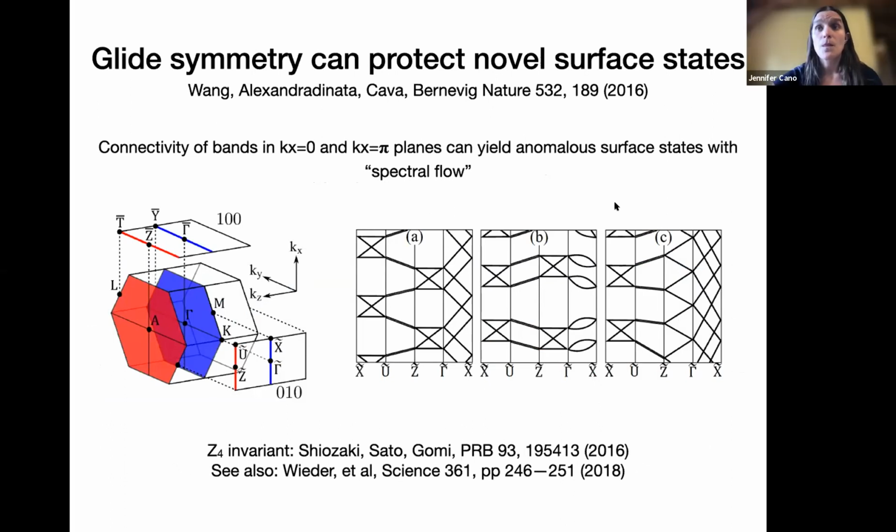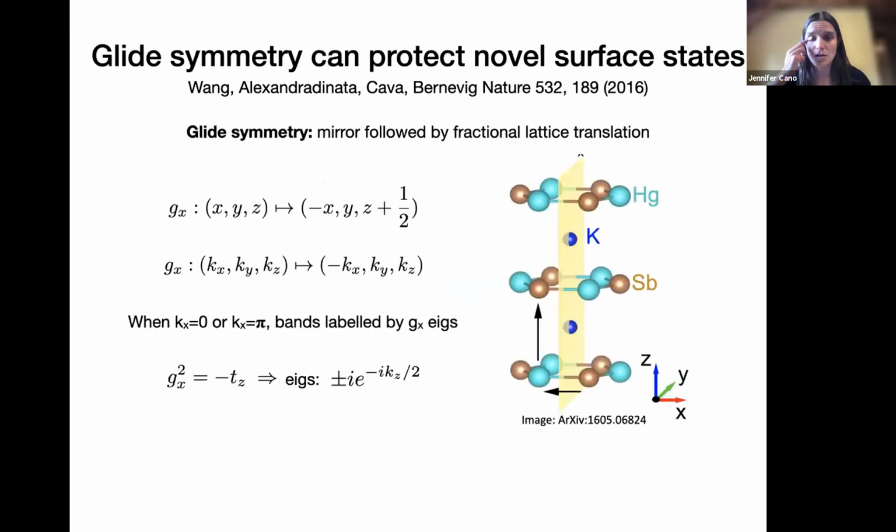Yeah, so there's something important here, which is that maybe it's good to go back to this picture. The glide symmetry, any type of crystal symmetry, might be preserved on only some surfaces.